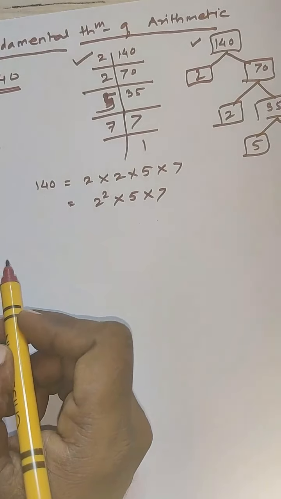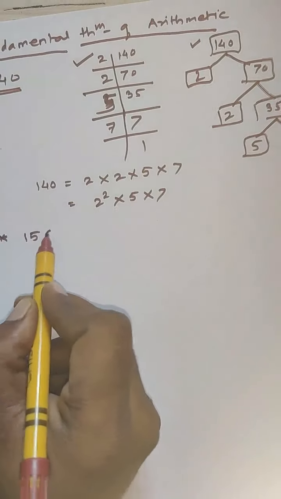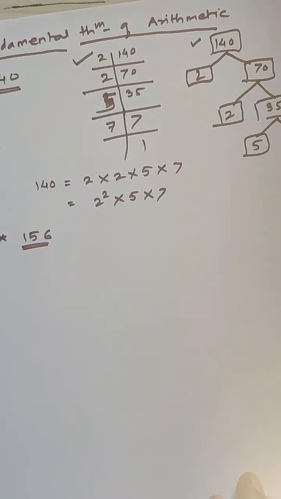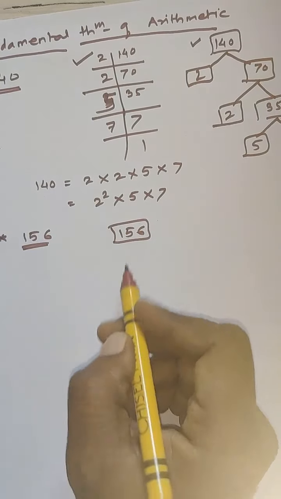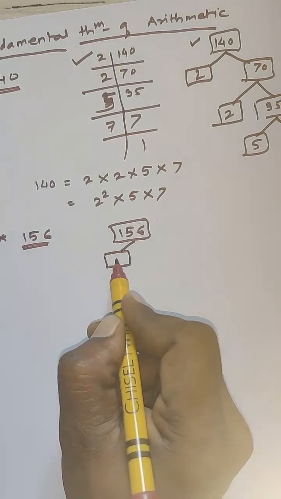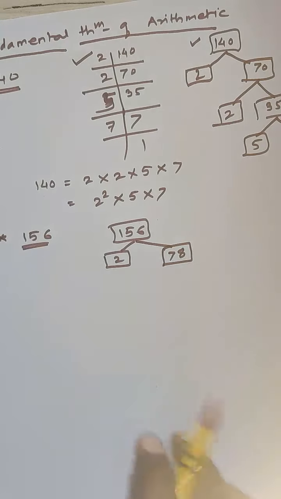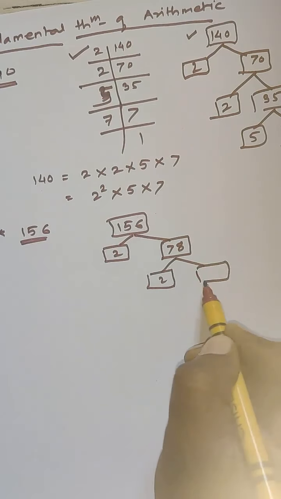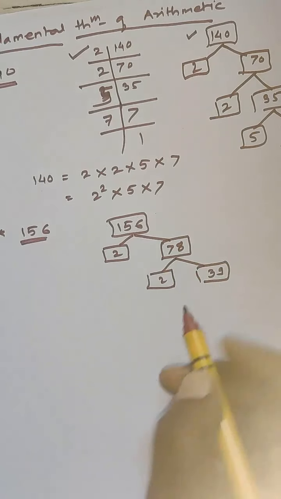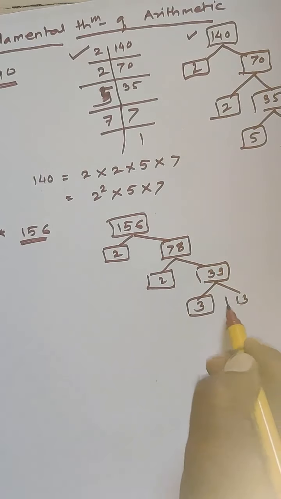I will move to the next question. Prime factors of 156. So the prime factors of 156 we can find using the divisibility test we know. It goes by 2, 78, again it goes by 2, here it is 39, again it can go by 3, so it is 3, 13.